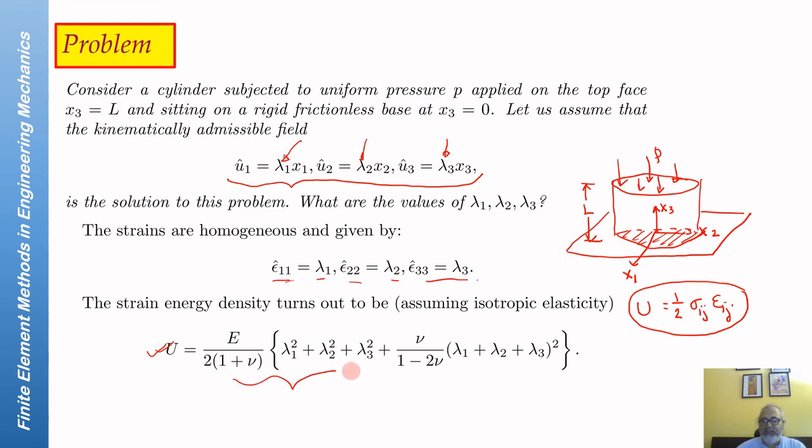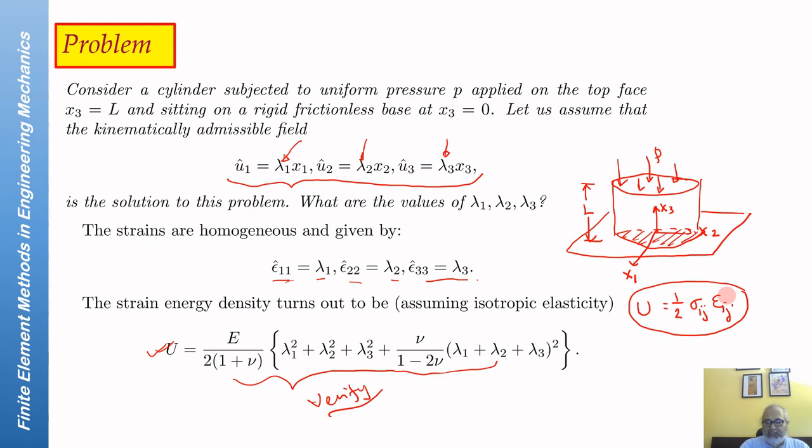Please verify this equation. Using your constitutive equations, you have only three components of normal stress, and therefore this should be your strain energy density based on this formula. In this formula, remember that ij is a repeated index, so you have a summation over it.